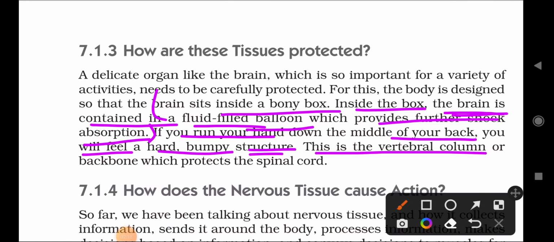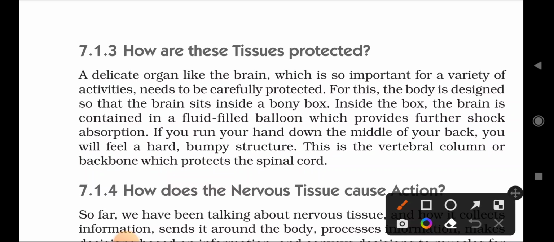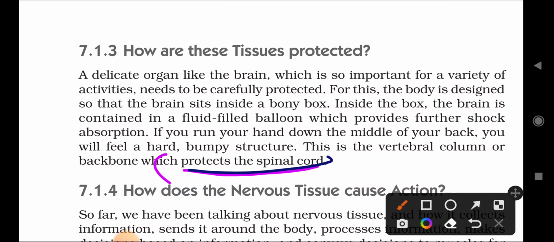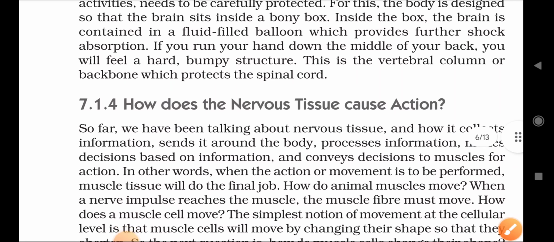This is the vertebral column or backbone, which protects the spinal cord. What is the function of the backbone? We can write that it protects the spinal cord. This is the main function of the backbone.